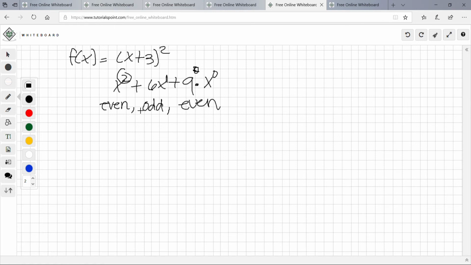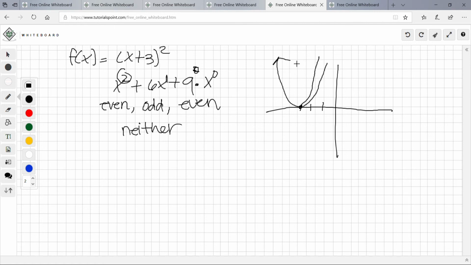But so it doesn't match up. You have even, odd, even. So it's definitely neither. Right? If you were to graph it, it's a parabola, but there's a translation of 3 units to the left. Should look something like this. So it would roughly look like this.